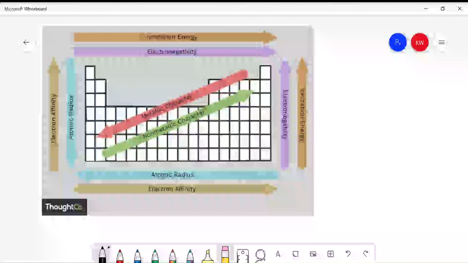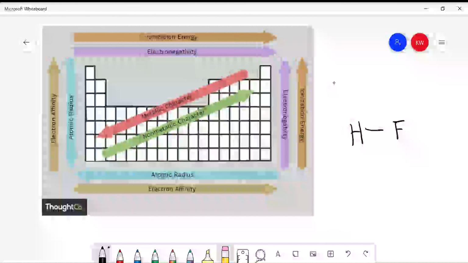Right? What about electronegativity? Electronegativity is a measure of the attraction of an atom for the electrons in a chemical bond. So when we talk about electronegativity, we have to think about it in a bond. If you have a bond between hydrogen and say fluorine, electronegativity is a measure of the attraction of this atom in a chemical bond.